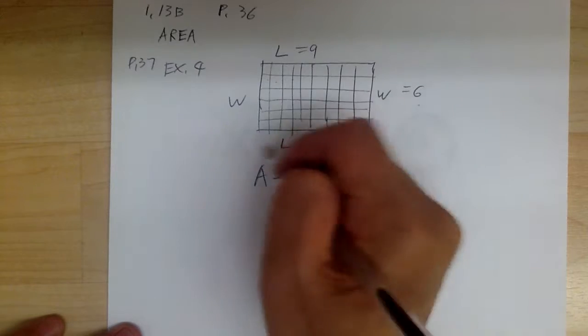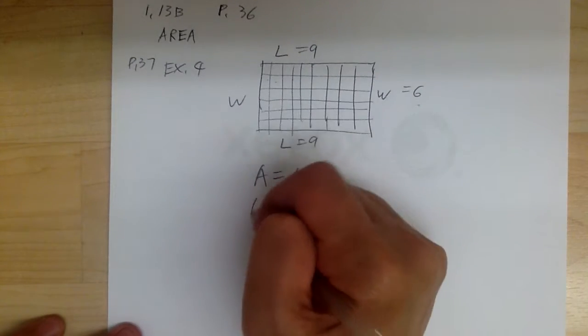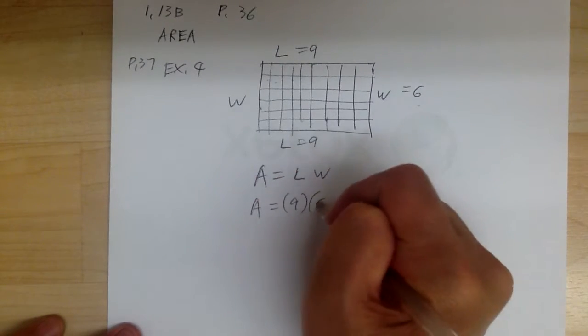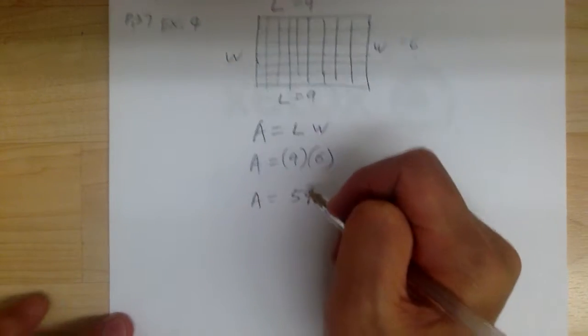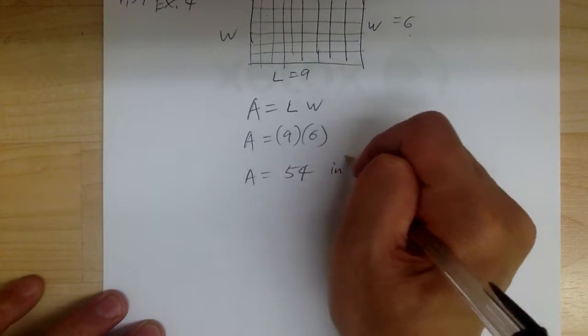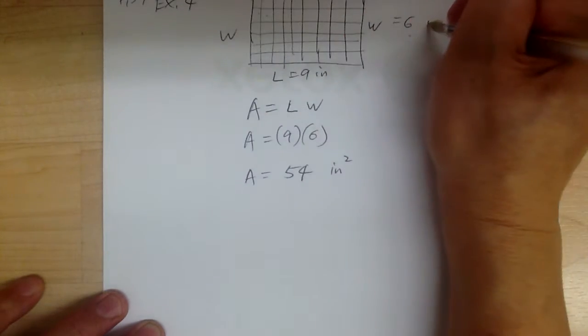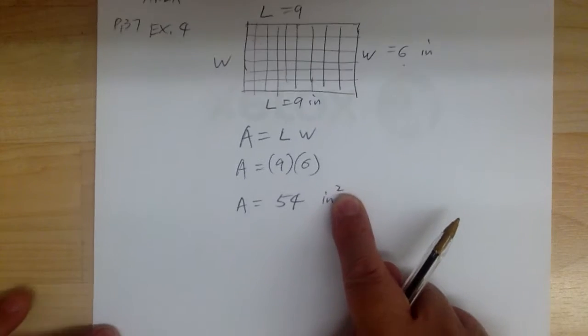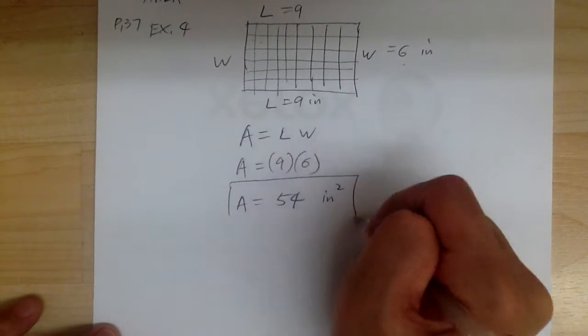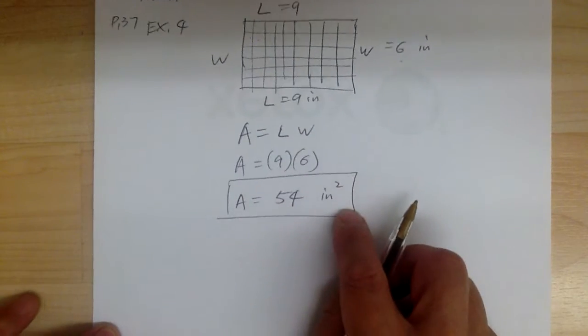So there are 9 and there are 6, so area equals 9 times 6. So area equals 54, and you have to label it, so it will be inch square, because this is inch and this is inch, right? So inch times inch gives you inch square. So the area equals 54 square inches.